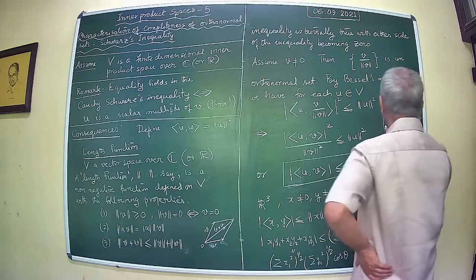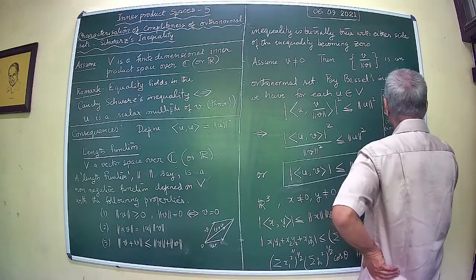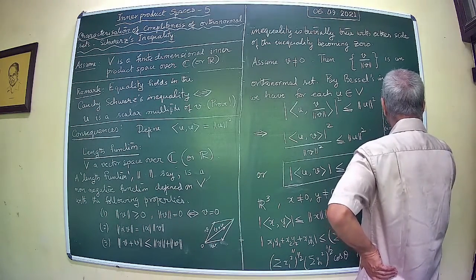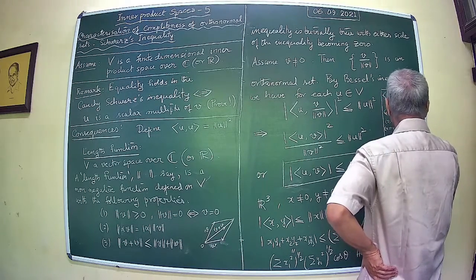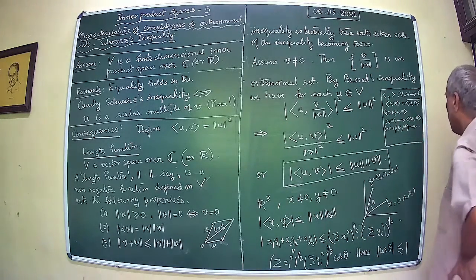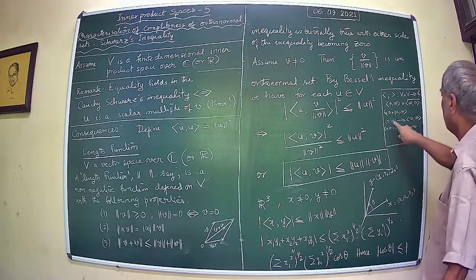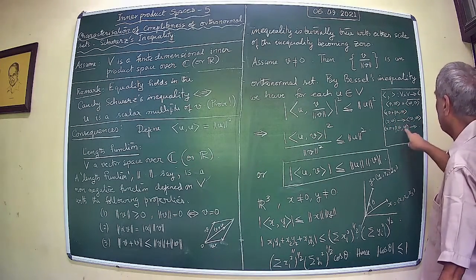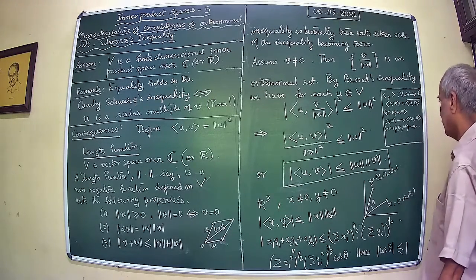You are asking how alpha u plus beta v, w is mapped, and how it is related to the image of u, w and the image of v, w. That's what we have described there.